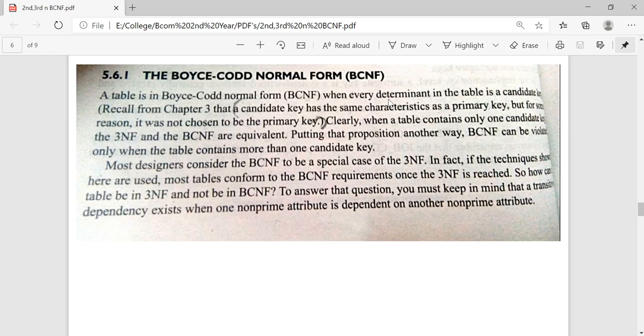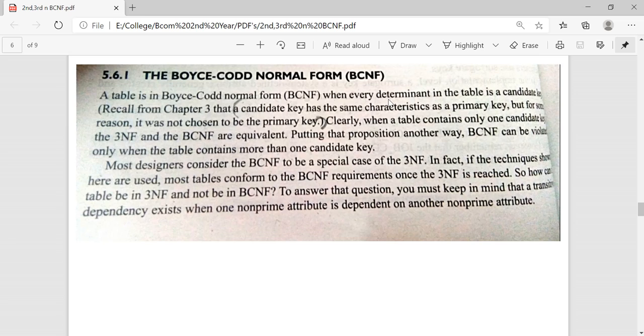From those attributes, we will make a key, which can be a single attribute or a combination of two or three. We will form a key called the primary key, which helps us to identify and get the other attributes in the table.